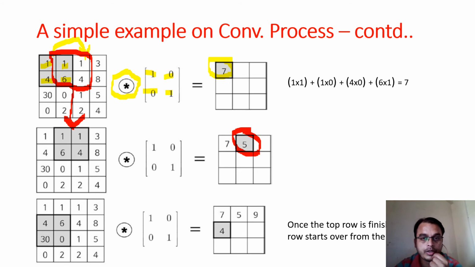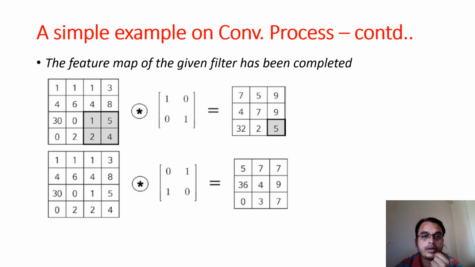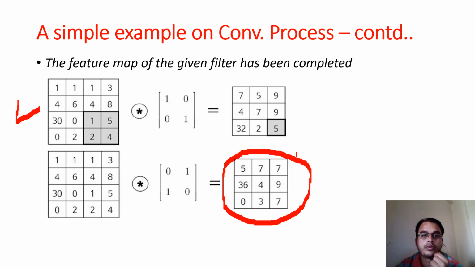So in this way, the convolutional process will be applied on all the points, and finally, step by step, I receive the complete convolutional feature map. Okay, so after applying the convolution on this complete image, I get this as an output for this kernel.